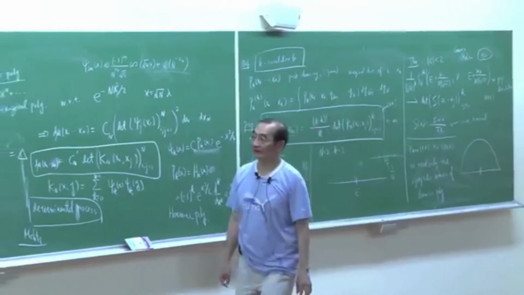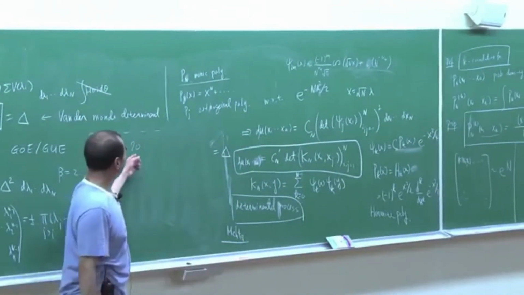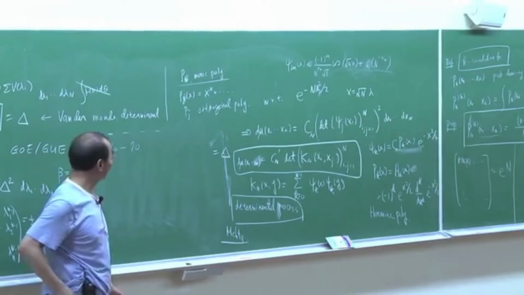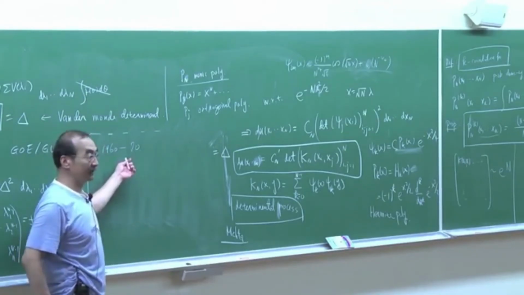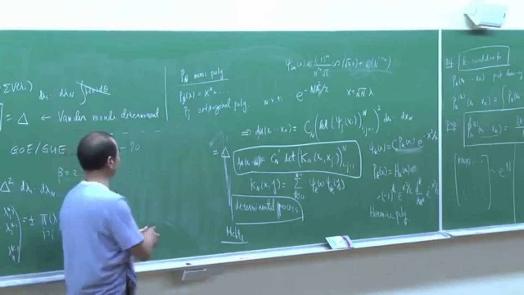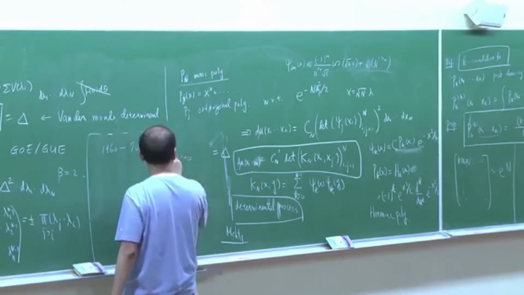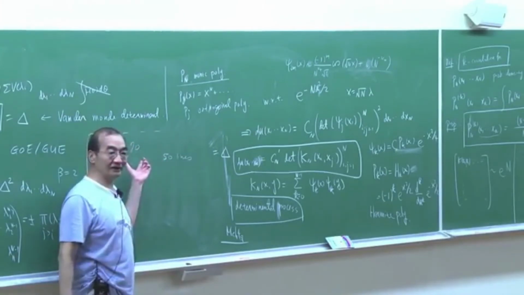But close to the end of the 1970s, Dyson was very disappointed because the experimental data was not enough. The experimental data was just about 50 lines or something like that. The data is not enough to check these statistics.